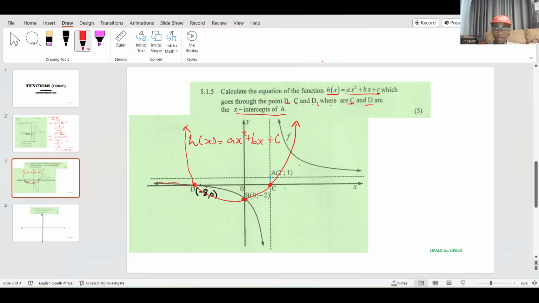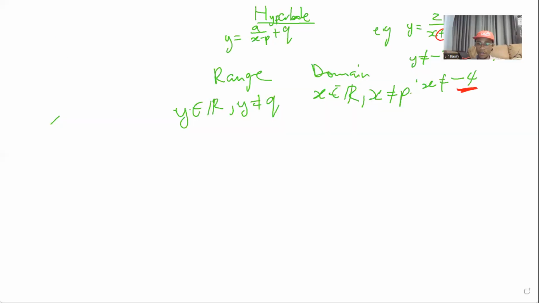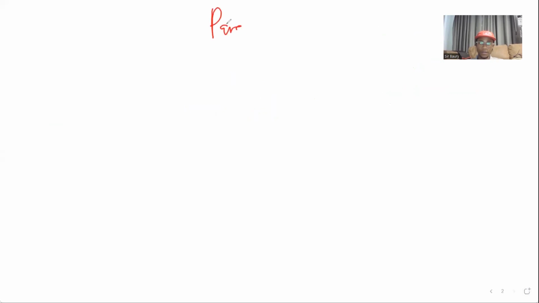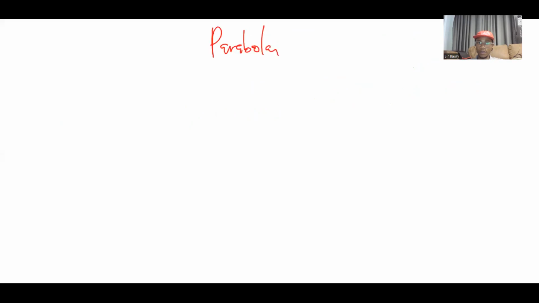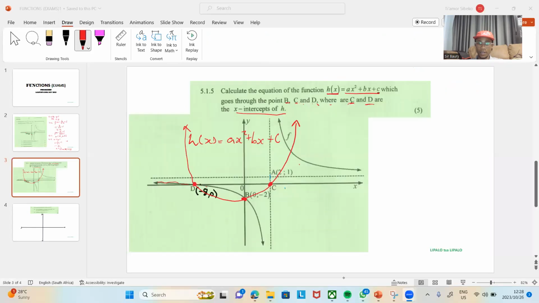Okay, so the equation. There are ways to determine the equation of a parabola. I'm going to show you. Given a parabola, or you can say a quadratic, you're going to go to the whiteboard.